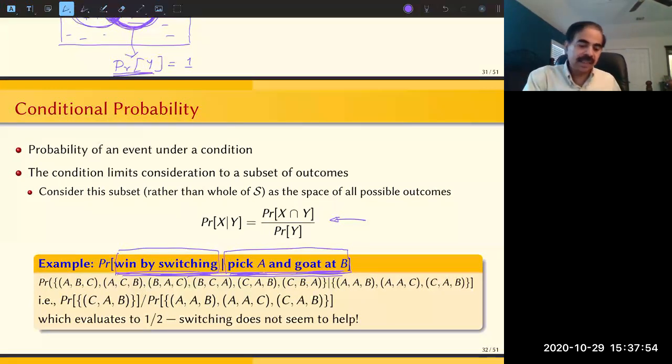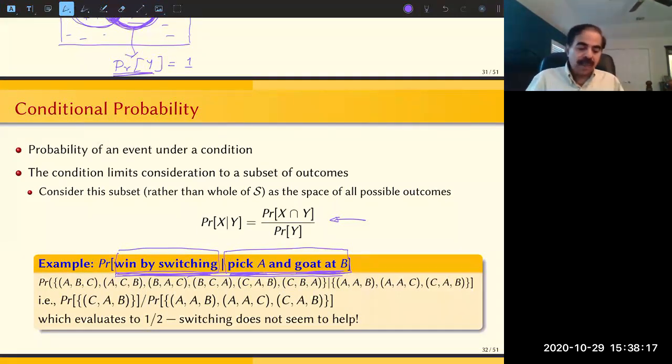So let's say this is the information that you know, that you as the player have picked gate A, and there is in fact a goat at gate B. So given this information, what can you say about the likelihood of winning by switching?